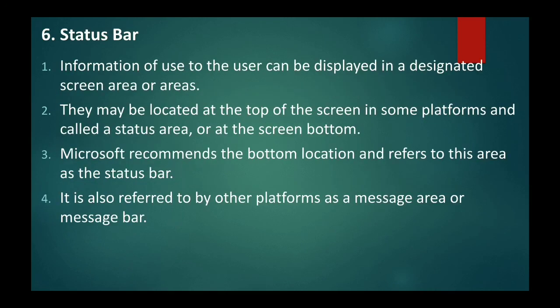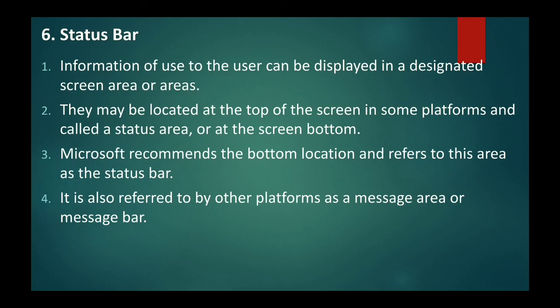Coming to the next one, that is the status bar. Information of use to the user can be displayed in a designated screen area or areas, and they may be located at the top of the screen in some platforms and called a status area. The status of all these actions is put inside the status bar. Microsoft recommends the bottom location and refers to this area as the status bar.